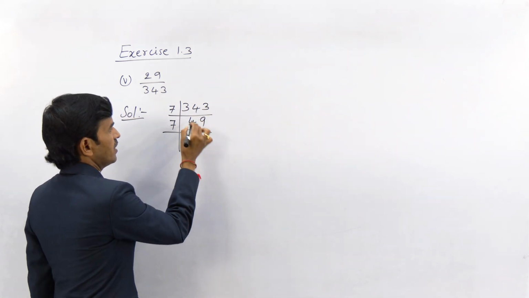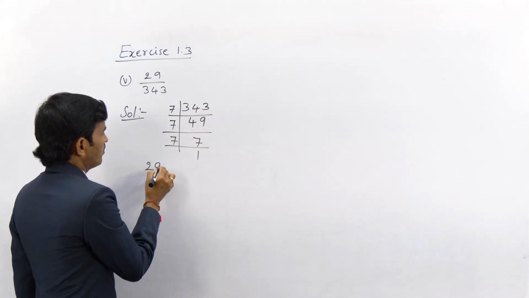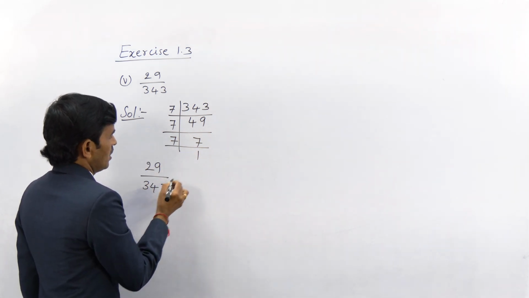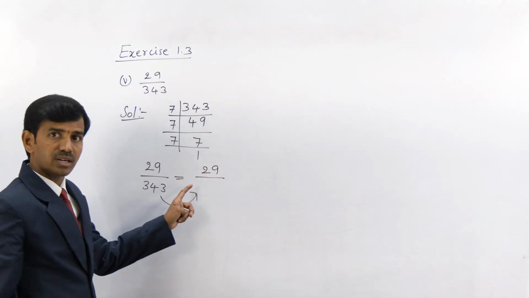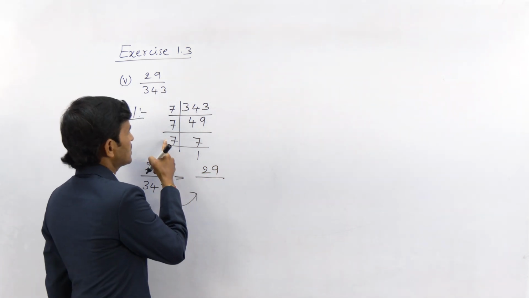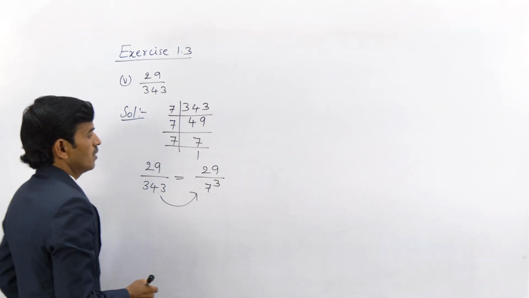So next 7 7s are 49, next 7 1s are 7. So 29 by 343 can be written, by changing its denominator as a product of primes, that is 7 into 7 into 7, nothing but 7 cube.